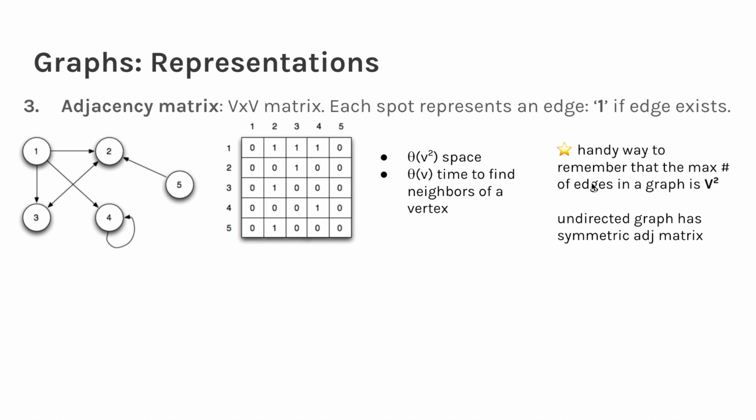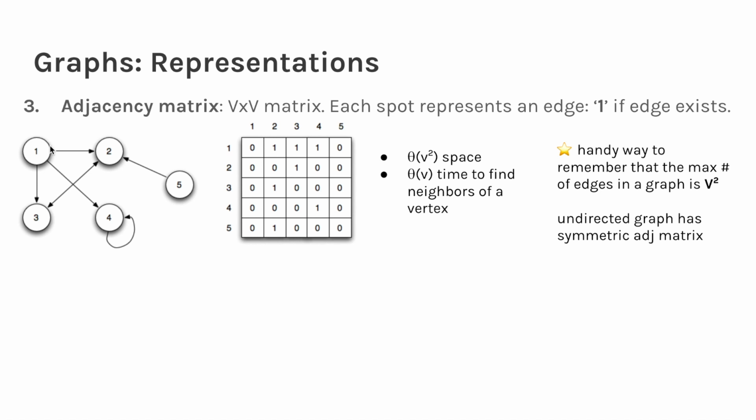This is a handy way to remember that the maximum number of edges in a graph is V squared, right? Because we have V vertices, and we're creating a V by V matrix that is supposed to encapsulate all our edges. So if we had a fully connected graph, then we'd have exactly V squared edges. Another handy thing to keep in mind is that an undirected graph would have a symmetric adjacency matrix.